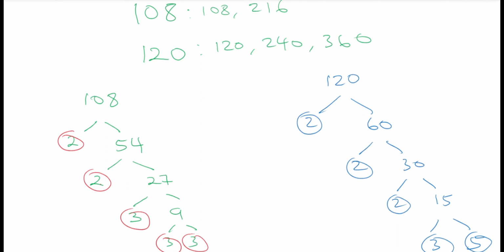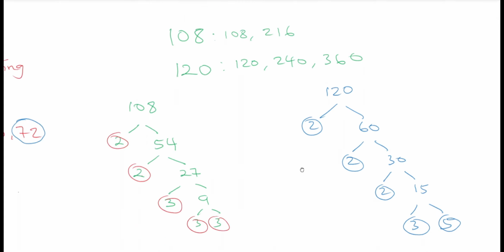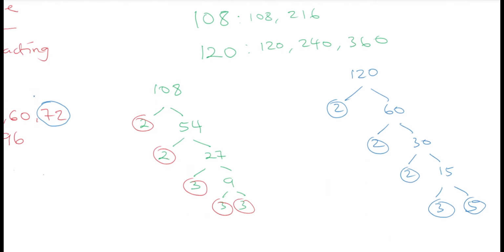So now I have to list out all my prime factors for each. So this one becomes 2 to the power 2 times 3 to the power 3. Okay, so that is what I have for 108. 2 to the power 2 times 3 to the power 3.